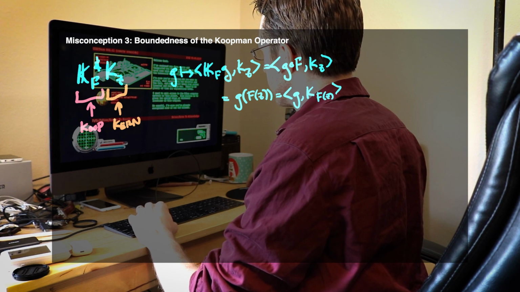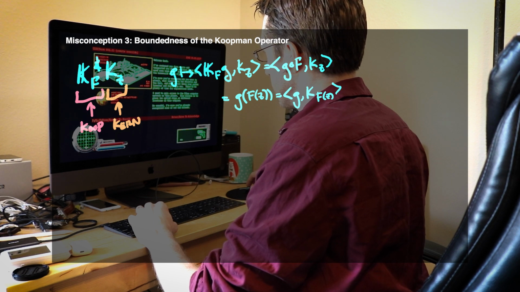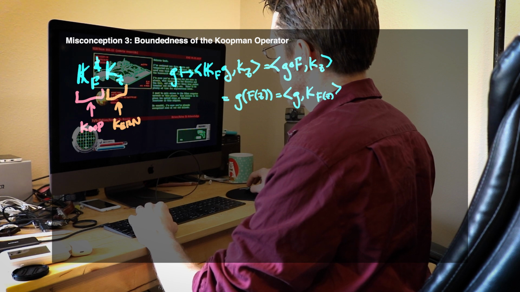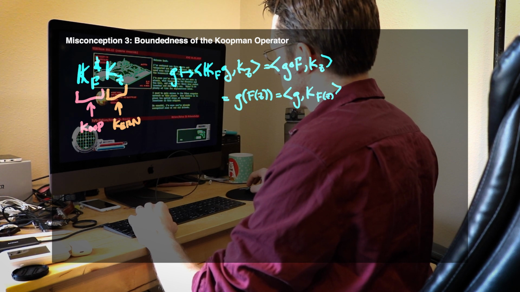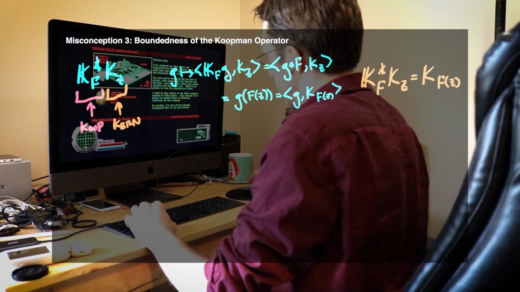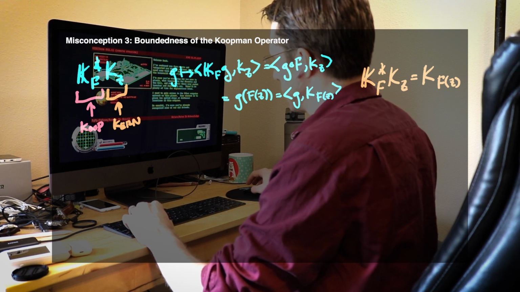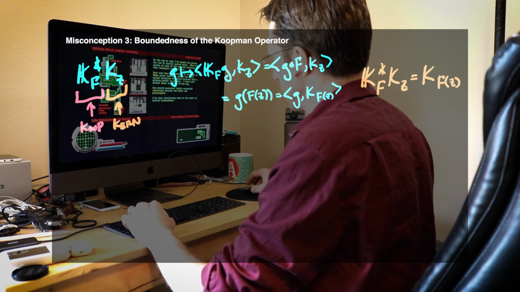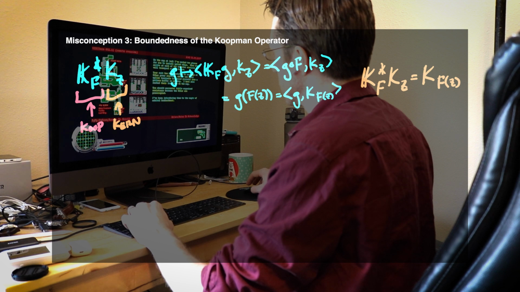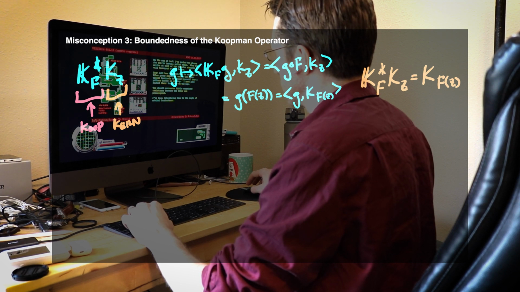Well, so then you have g of f of z, and this turns into g inner producted with the kernel function at f of z. So that tells us that the Koopman operator's adjoint applied to a kernel function centered at z is the kernel function at f of z. So it advances the center of the kernel function.